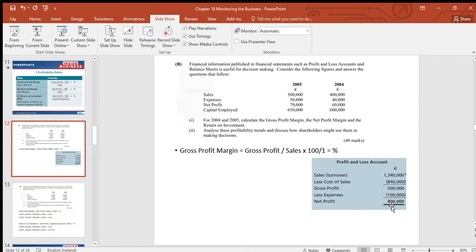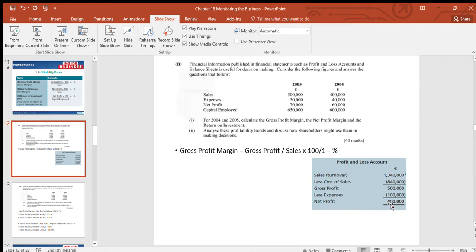So I have that. Once you know that this is your format, you can work out something that you're missing. I have sales, 400 grand. I have expenses, 40 grand. And I have net profit, 60 grand. So if I know my net profit is 60 grand and I know my expenses are 40 grand, obviously I'm able to work out what my gross profit is.